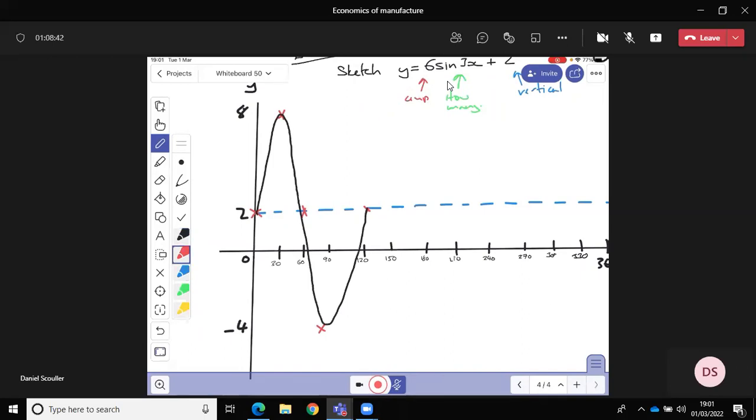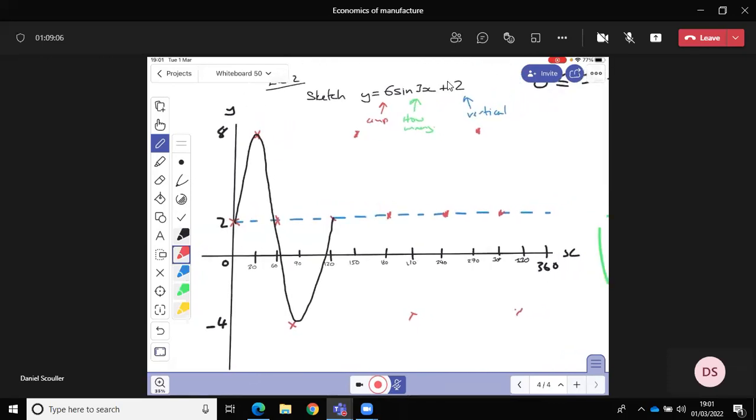At 150, it's going to be a max. At 180, it's going to cut through the 2. At 210, it's going to be down at a minimum. 240, new maximum, new minimum, and then finish.